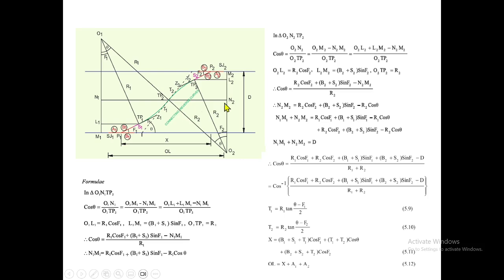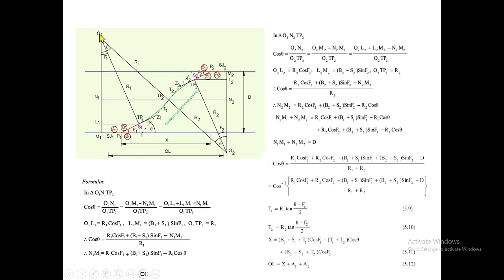It is not d by 2 actually, because it is not exactly located in the middle of the track, the center of the tracks. That is why we are keeping it as it is, N1 M1, minus this one. So this is your cos theta equation. We have to find out O1 L1, L1 M1 and N1 M1.